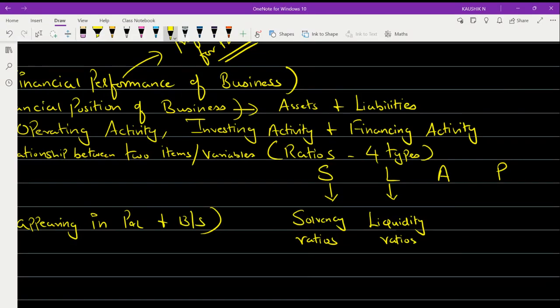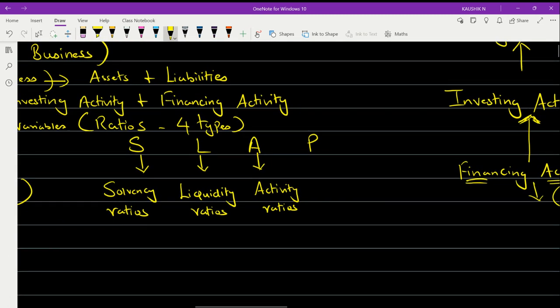A for activity ratios, and the last, P, stands for profitability ratios. So we are going to learn different types of ratios under these major heads.